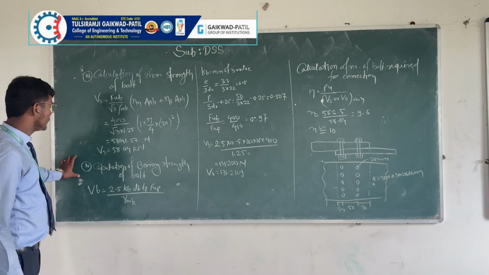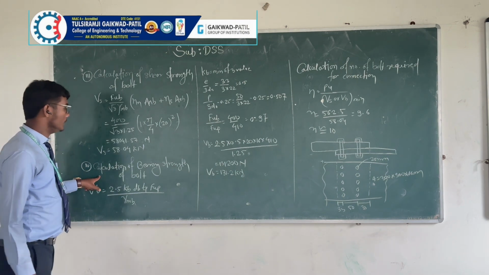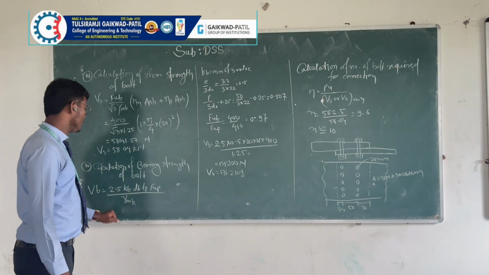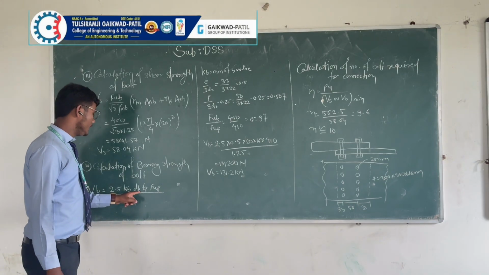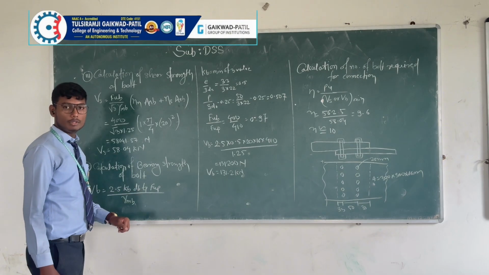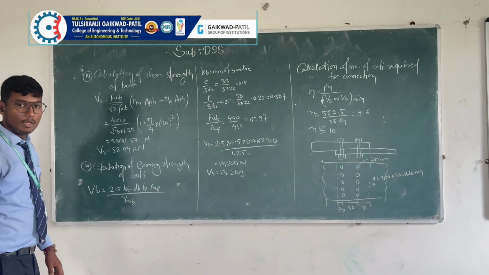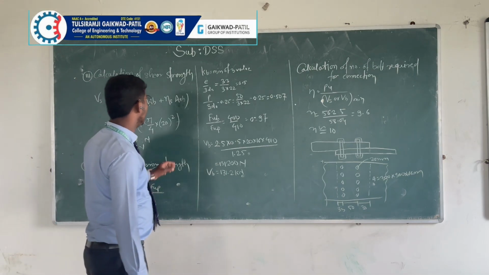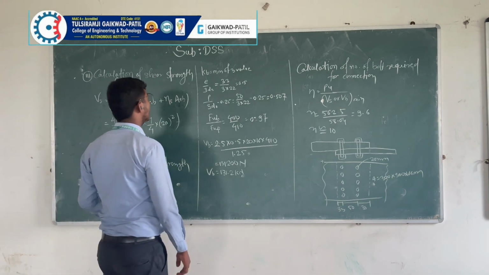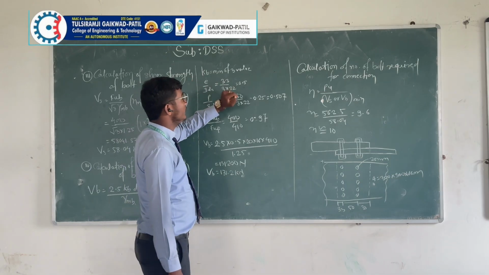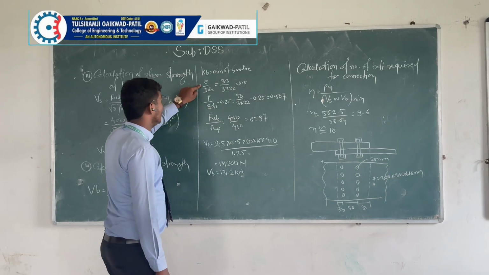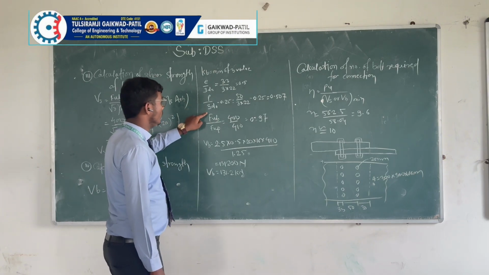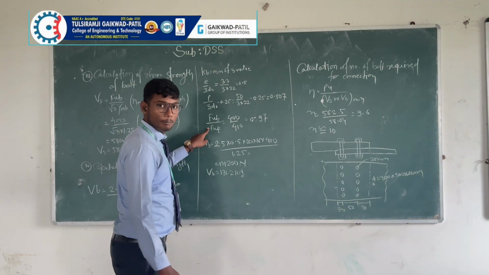Then the fourth value is the bearing strength of the bolt. Vb is equal to 2.5 kb d t Fup divided by gamma mb. Here kb is the minimum of three values: e divided by 3 d0, p divided by 3 d0 minus 0.25, and Fub divided by Fup.